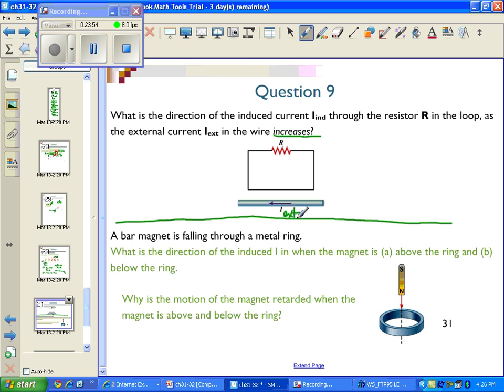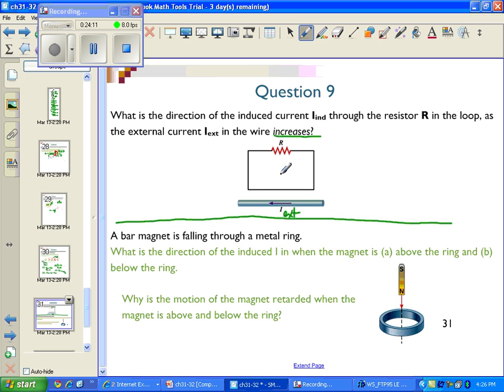Now, the first thing we want to know is what is the direction of the external magnetic field that cuts through this loop. Well, in chapter 30, we saw that the direction would be above the wire.